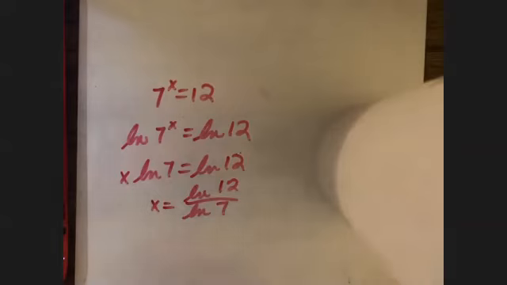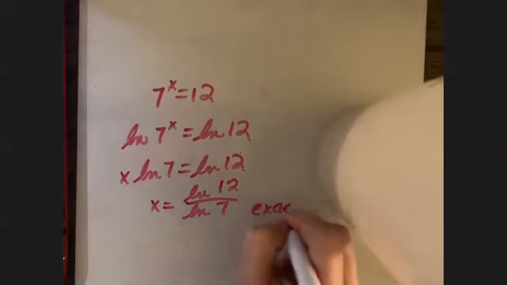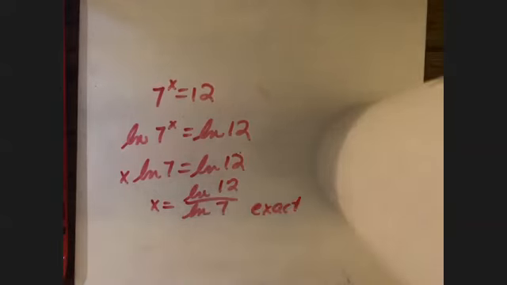The other thing is, this is called an exact answer when you leave the word log in it, the same way that if I wanted an exact answer, I would leave things like square root of 5 in my problem, because square root of 5 does not come out to be a nice clean number.